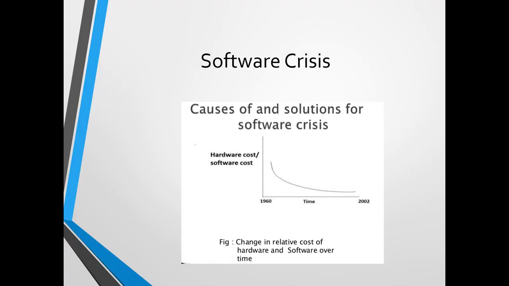The developers use resources non-optimally, and the products often fail to meet the user requirements. They are far from reliable, frequently crash, and are often delivered late. Among all this, the trend of increasing software cost is probably the most important symptom of the present software crisis.